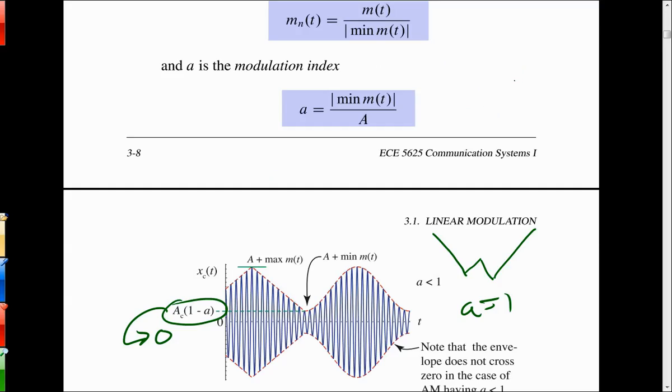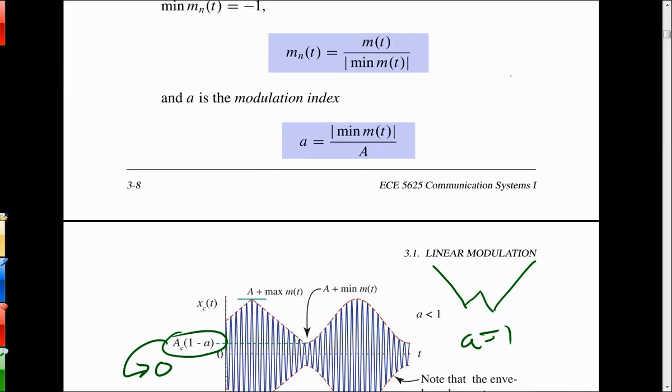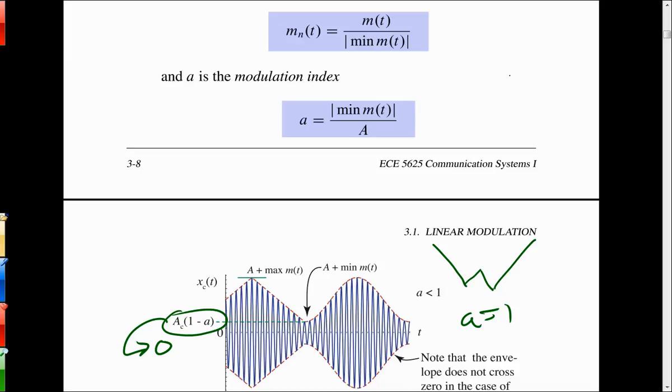So what are some of the definitions involved here? The normalization is such that the magnitude of the minimum is divided by A, and that's how you define the modulation index. And the normalized message is just normalizing the message so that on the negative excursion it's equal to 1.